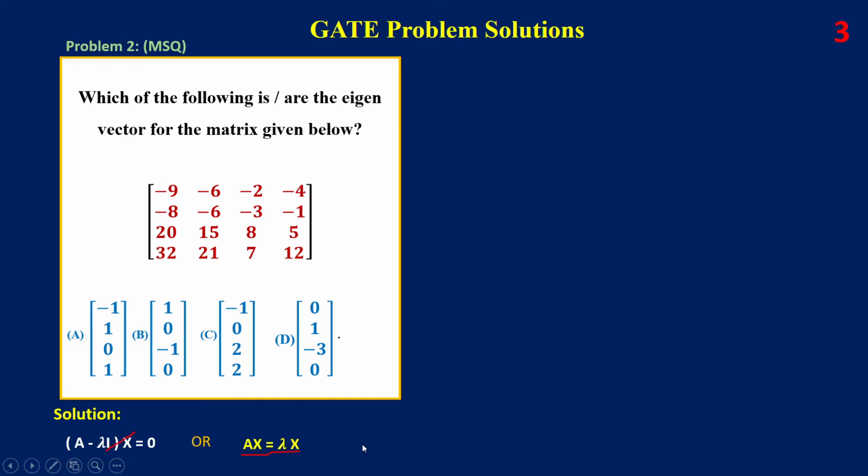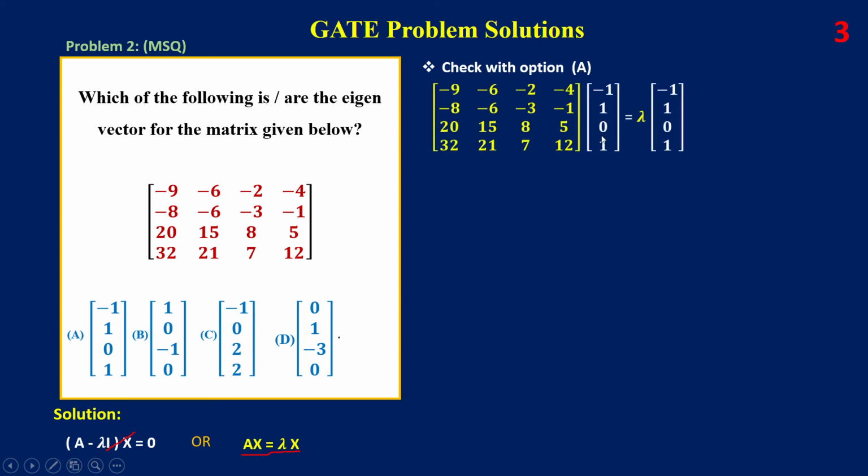Let me check with option A. Option A is the eigenvector having the elements minus 1, 1, 0, 1. Let me substitute A as the matrix and x as the option A eigenvector, equal to lambda times the eigenvector. Now we are going to equate.